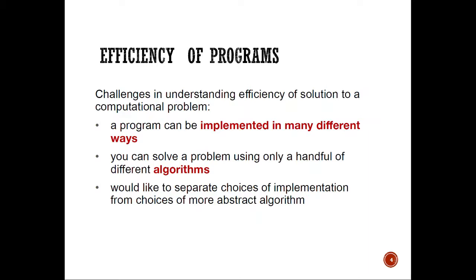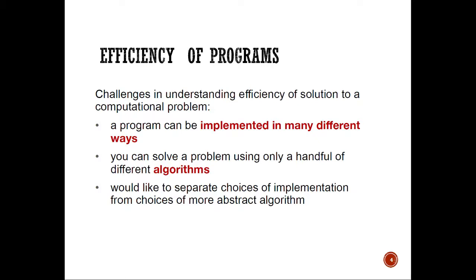Now, there are many challenges to understanding the efficiency of a solution of a computational problem. This is because a program can be implemented in many different ways, and there are multiple potential algorithms to solve a problem.